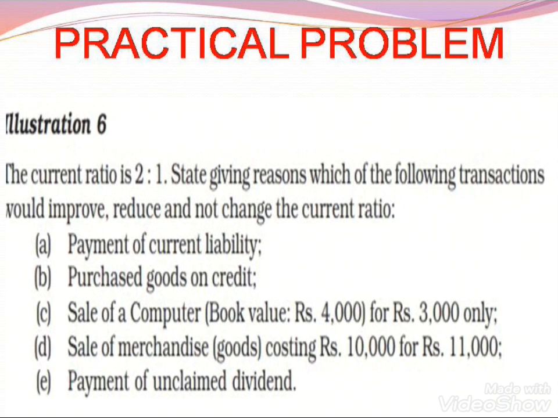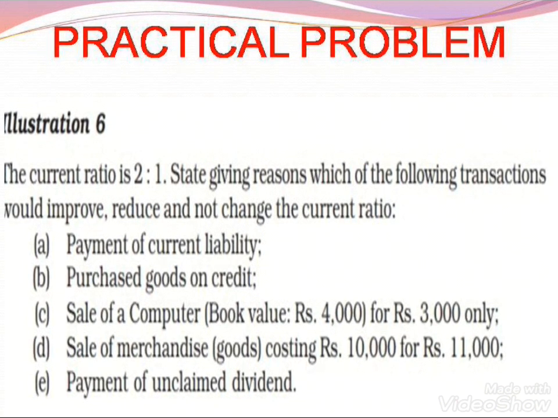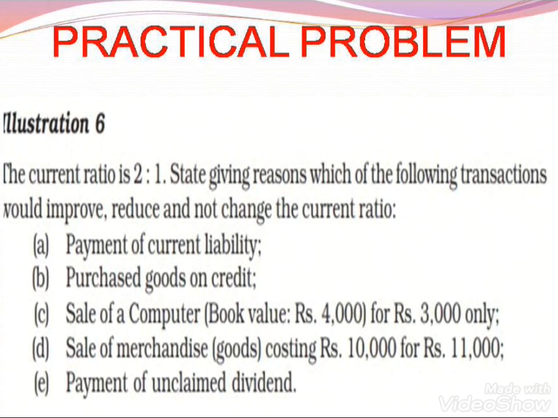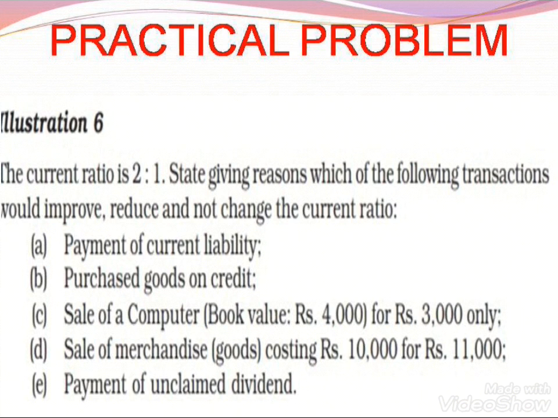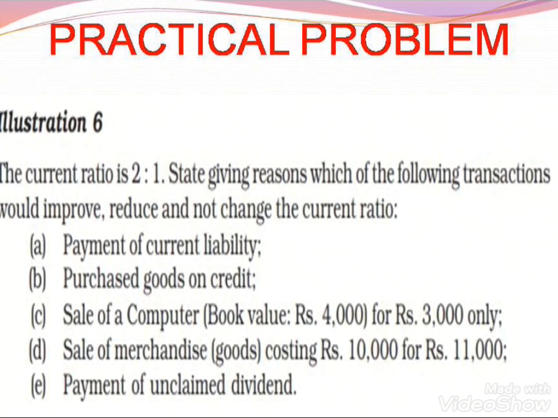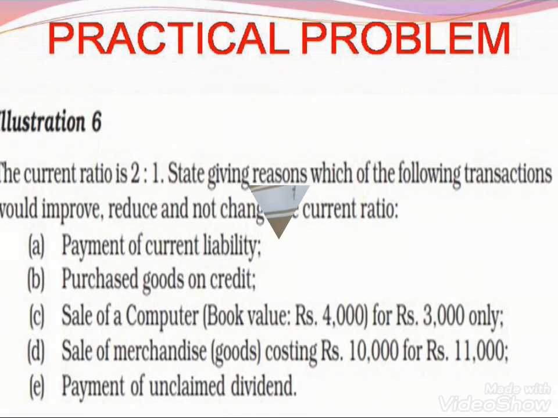We will have to find out the impact of these transactions on the current ratio, like payment of a current liability, purchase of goods on credit, sale of a computer having book value of ₹4,000 which has been sold for ₹3,000 only, sale of merchandise, that is goods, costing ₹10,000 for ₹11,000, and payment of unclaimed dividend. So on the basis of these transactions, we will show the impact on the current ratio 2:1.